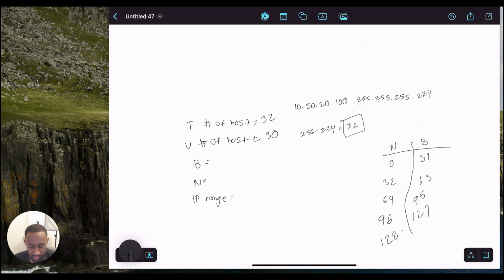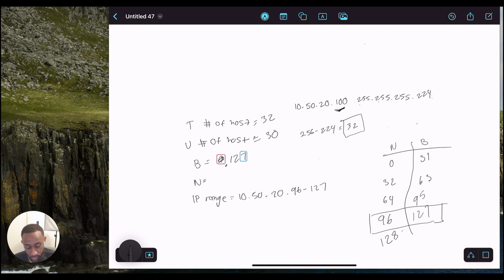Why? Because the last octet here is in this range right here, right? It's in this magic range right here. So now this is just going to be our IP range. So it's just going to be 10.50.20 from 96 to 127. Now the network address is just going to be 96. The broadcast is going to be 127, right?